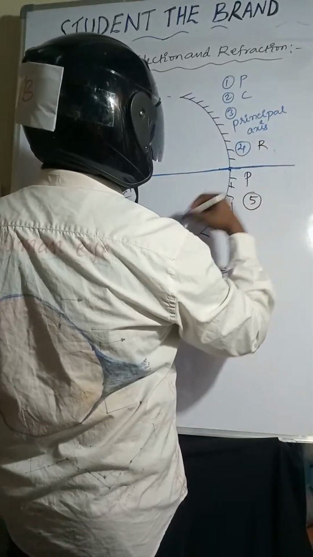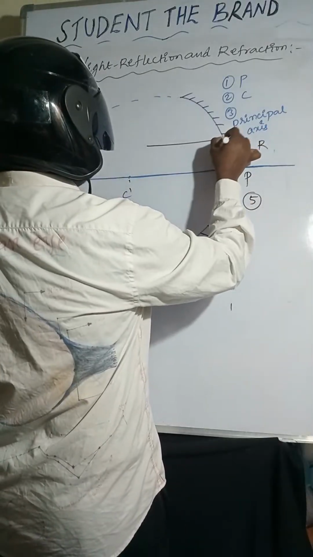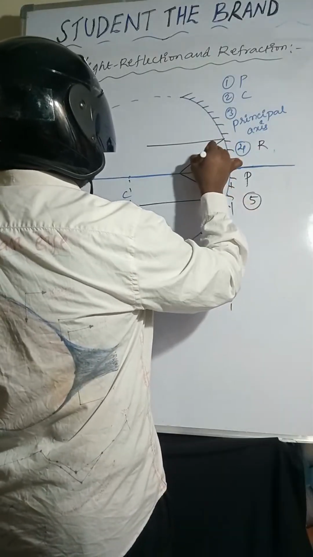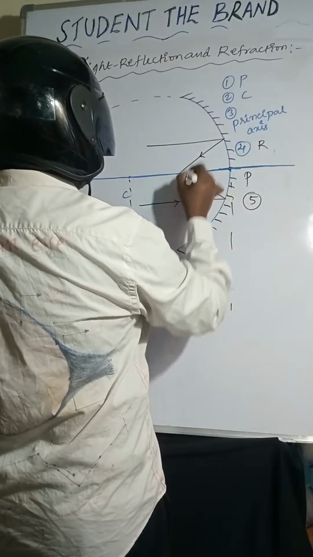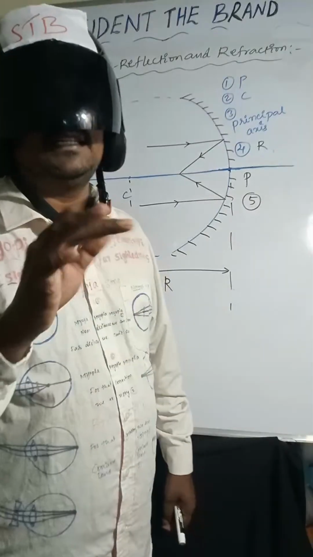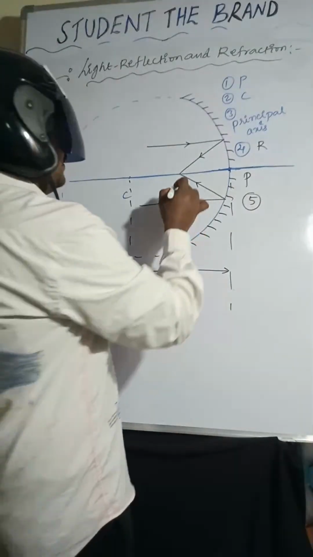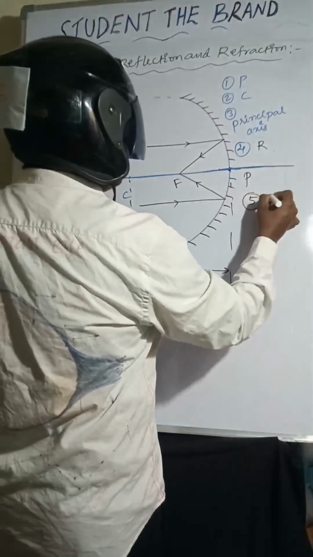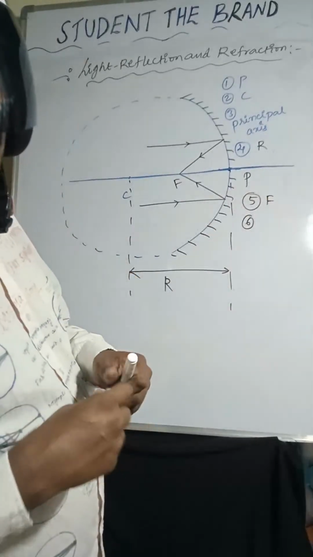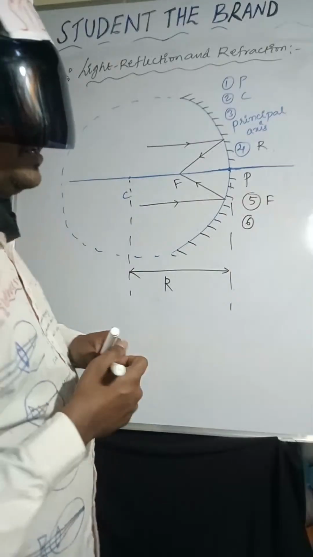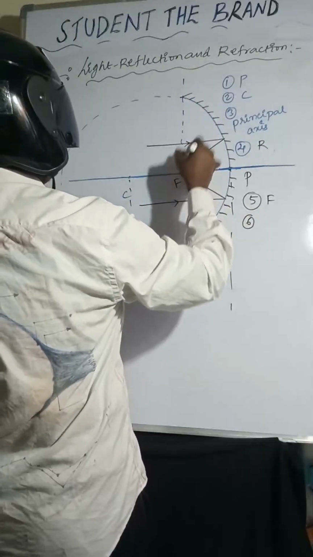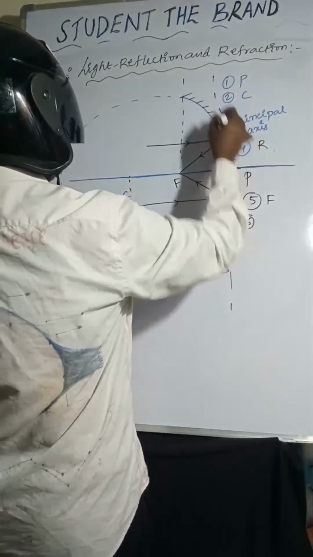Coming to the fifth one, after reflection, light rays meeting at one point on the principal axis is called focus, or principal focus. And coming to the sixth one, the distance between focus and pole is called focal length.